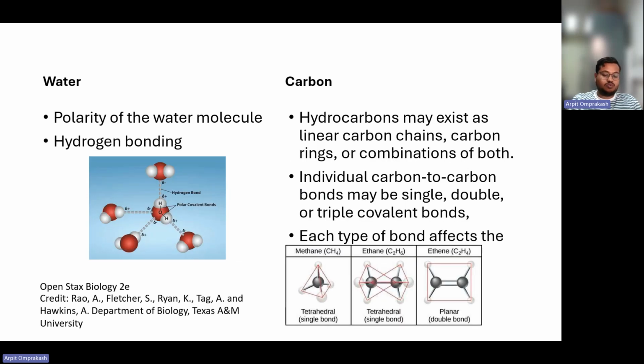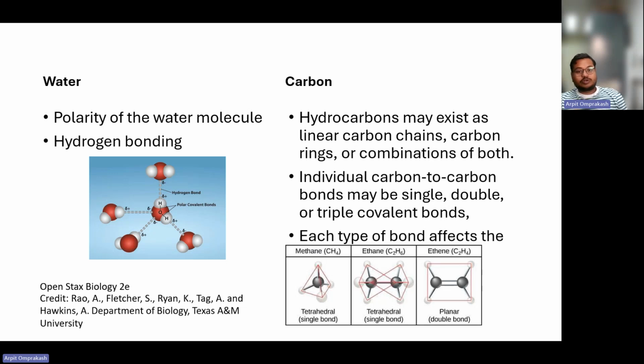Of all the elements and compounds that are present, water is probably the most common constituent of any form of life that we have on Earth. Consider the polarity of the water molecule.